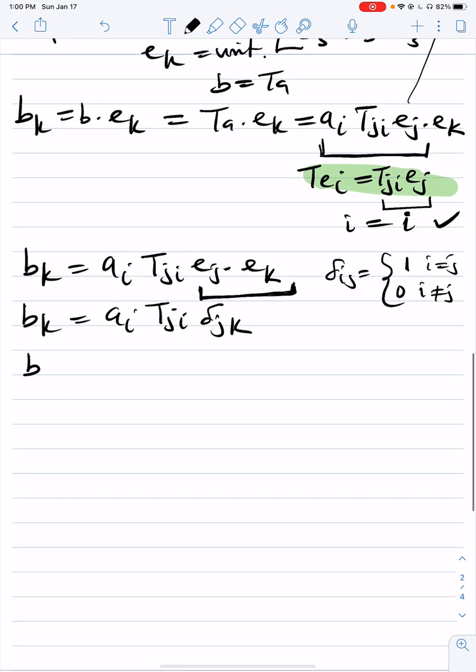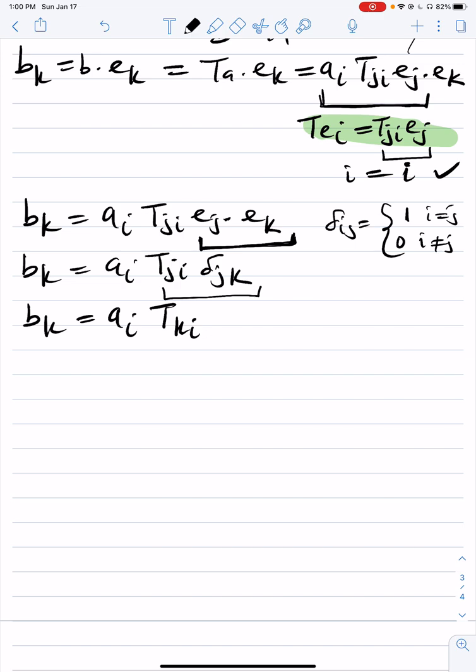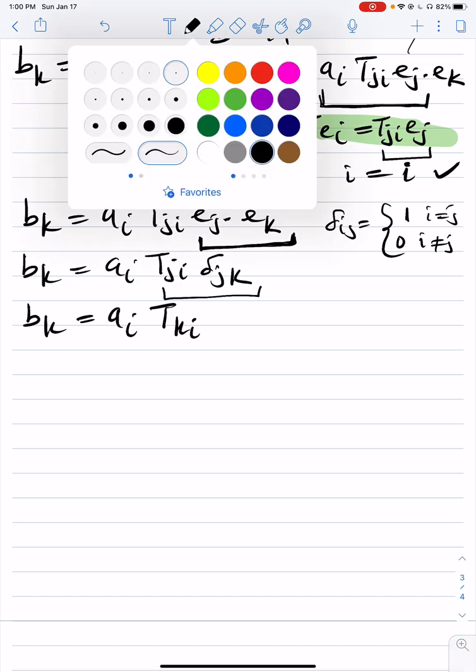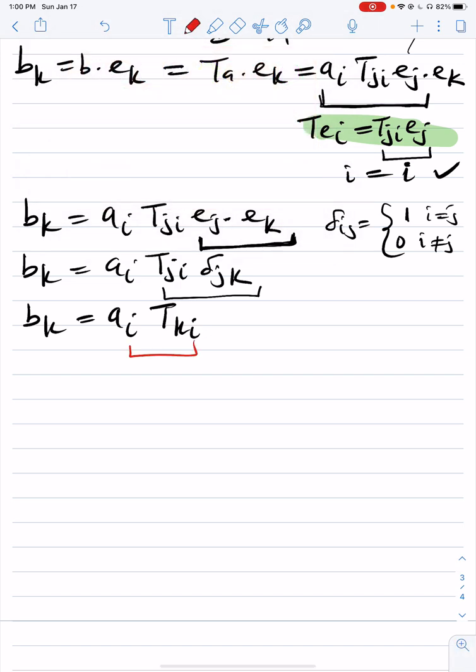Now if you further want to simplify this, B_k equals A_i. From this expression, you should be getting T_ki, with the sum over the j's gone. Both expressions must agree on both sides, because if you sum over the i's, then you have a k here.